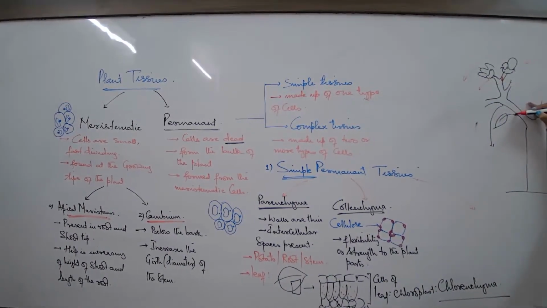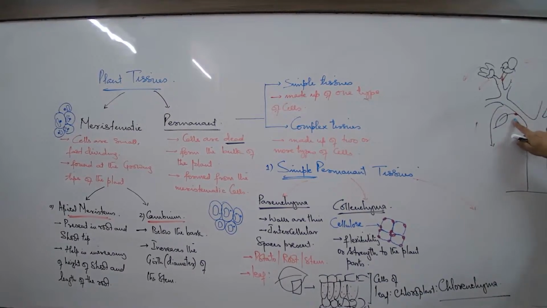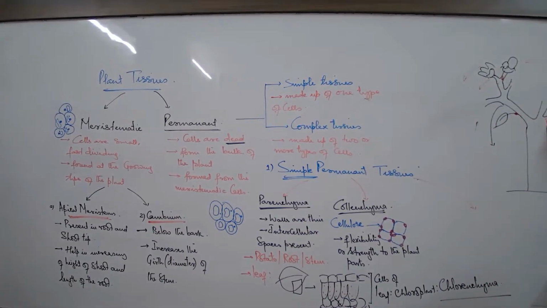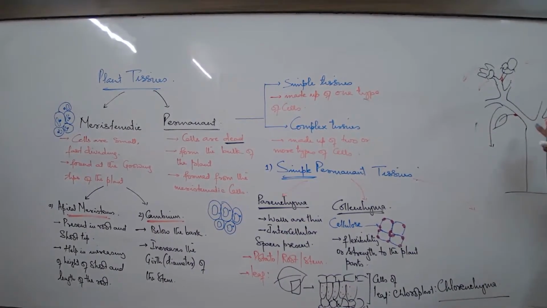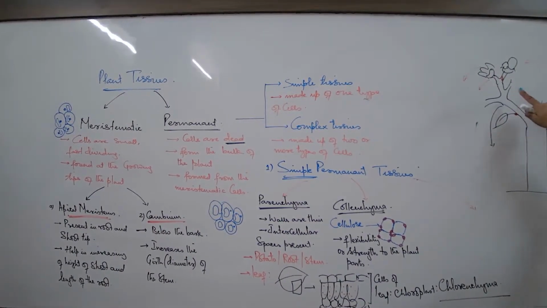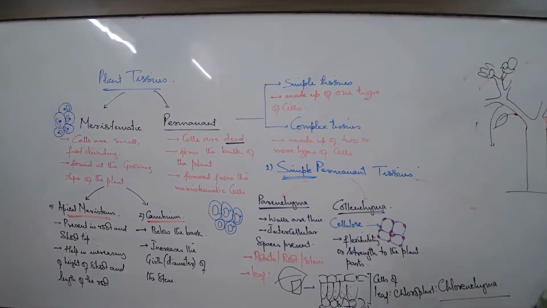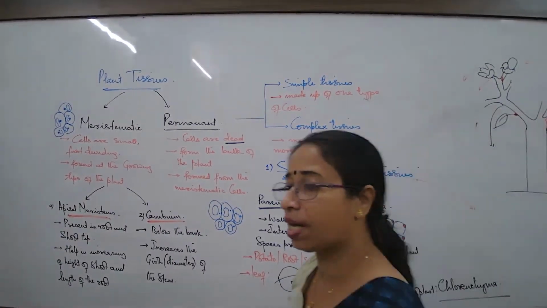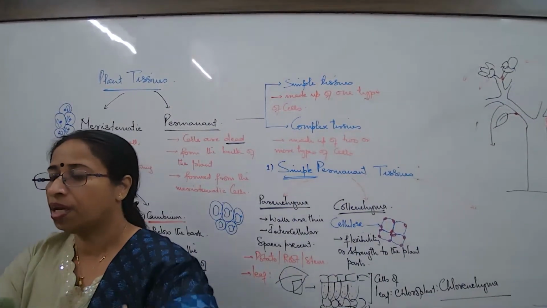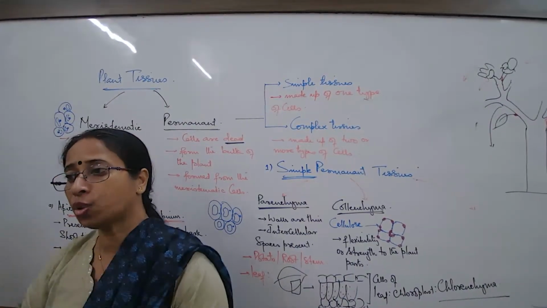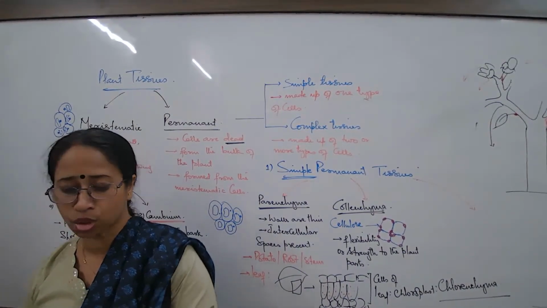Collenchyma is present at the petiole of the leaf. Collenchyma is present at the branches, because I can pull, it will bend, and immediately it will not break. These are the regions where collenchyma is always present. So the function of collenchyma, what to write? Provides flexibility to the plant parts.